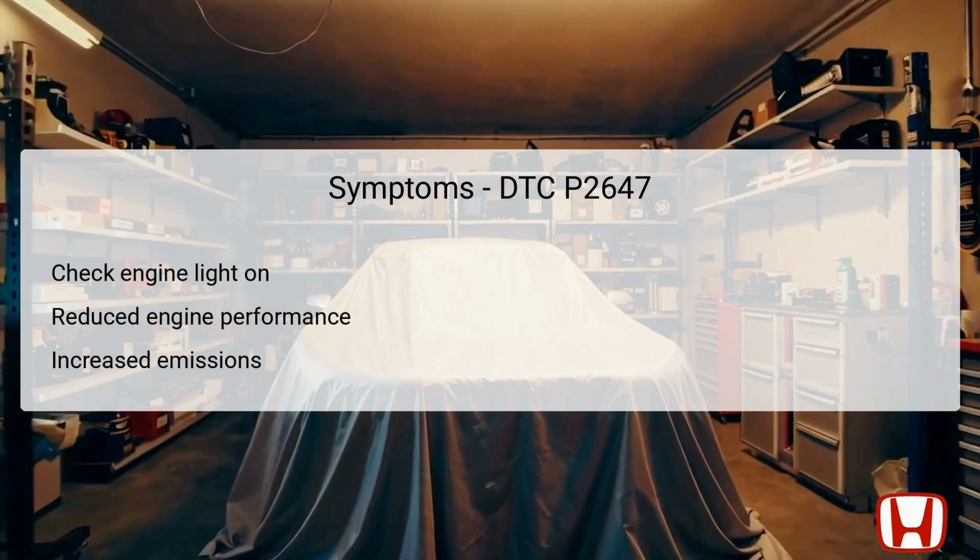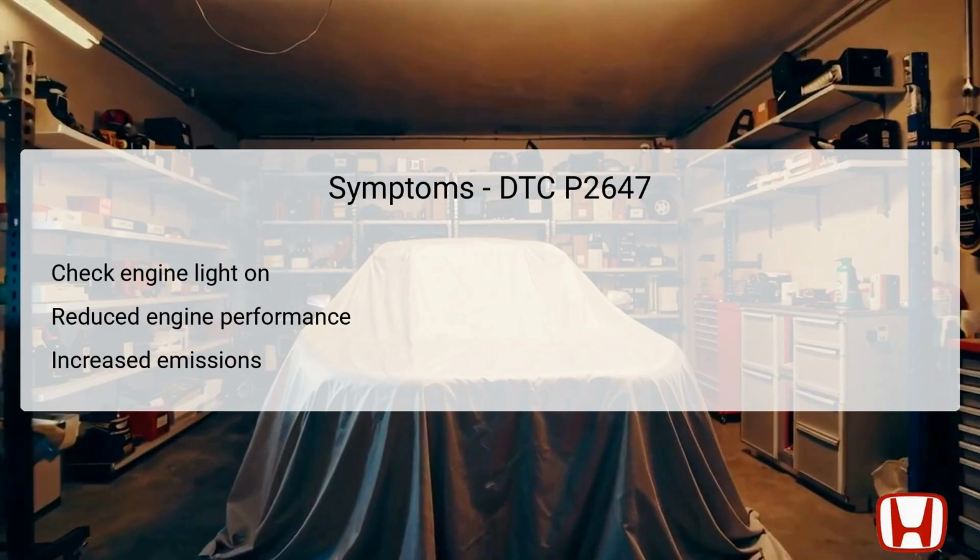When DTC P2647 is present, several symptoms may become evident in the vehicle's performance. One of the most noticeable indicators is the illumination of the check engine light, alerting the driver to an existing issue. Additionally, the driver may experience reduced engine performance, as the VTEC system may not be operating optimally without proper signals from the rocker arm oil pressure switch.